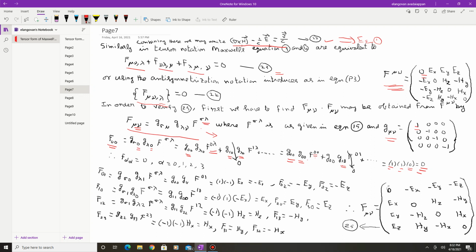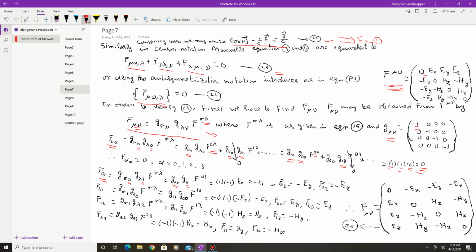Now let us calculate f 0 1. Here put first the non-vanishing values. So this is mu 0, mu 1, with summation over sigma and summation over lambda, and the only non-vanishing values are where both are identical, g 0 0, and this must also be identical because the diagonal elements alone will be present. All the other elements will be 0. So I am not writing all the other elements.